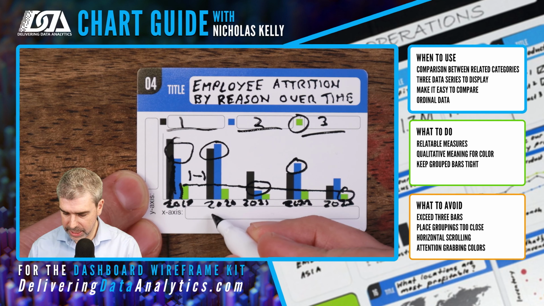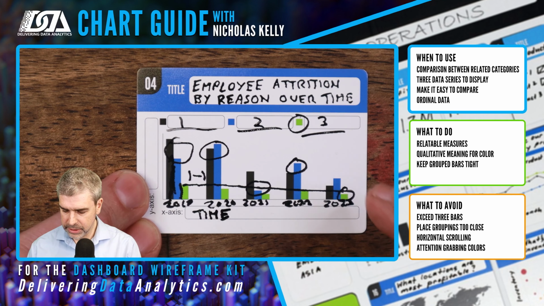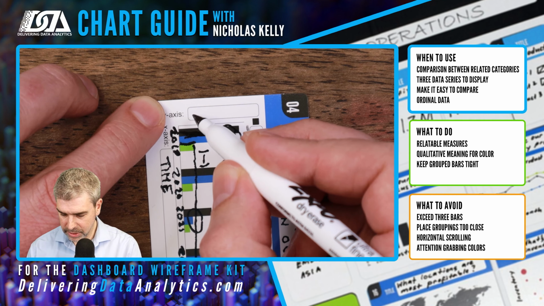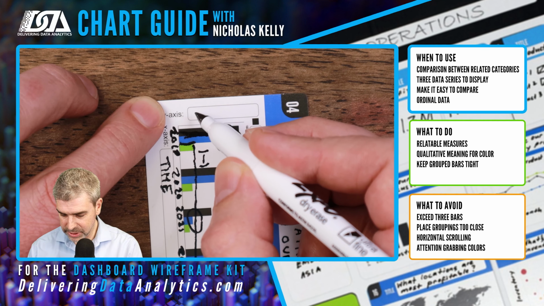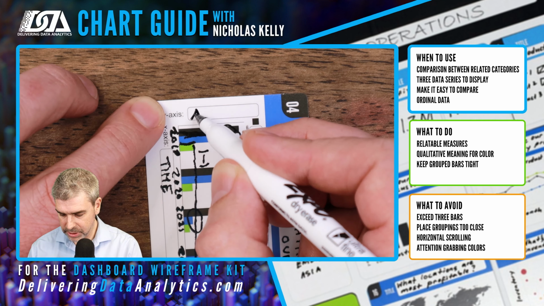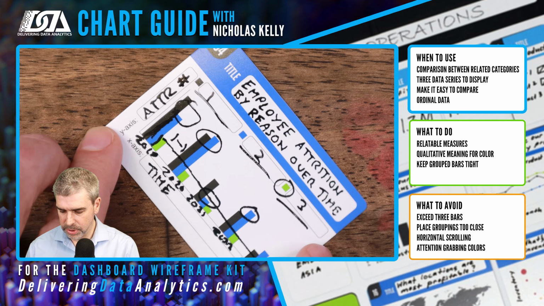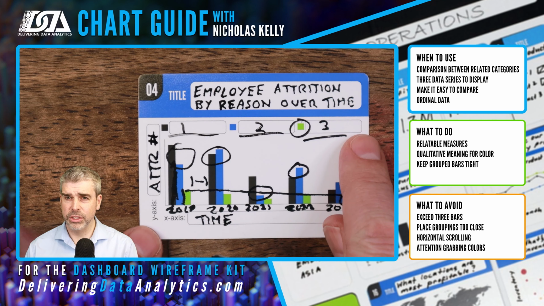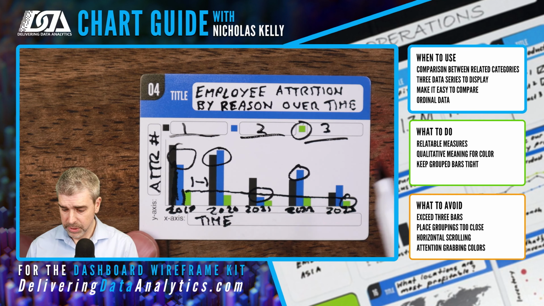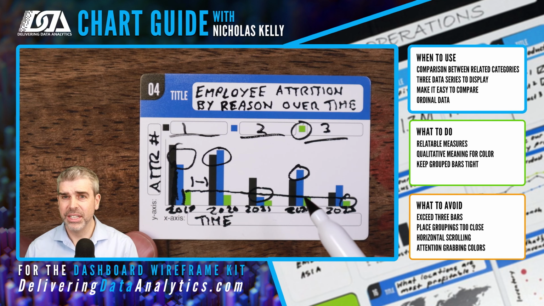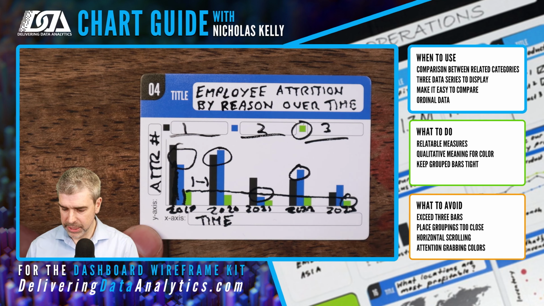The axis down here would just be time, and the y-axis over here is count of attrition, or let's just say attrition. I'll just use shorthand number, right? So that's the number of employees that have attrited or that have left, right? So we can quickly see that these are all on the same scale. They're all related data series, so it makes sense to put it together.